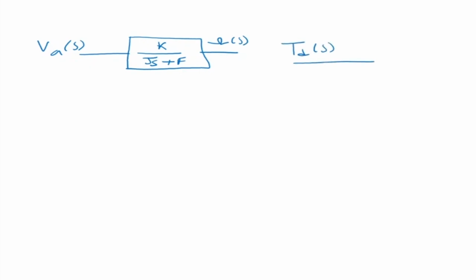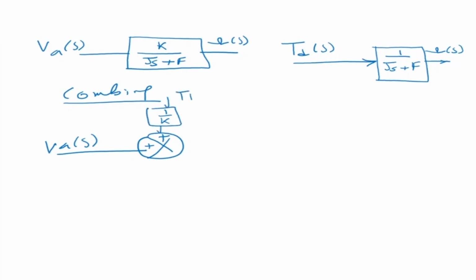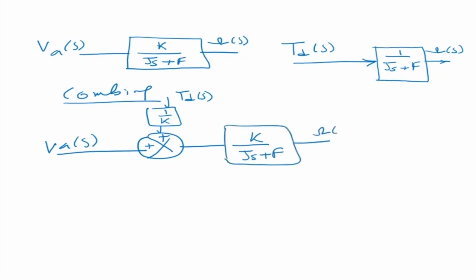The second input is TD(s), and in the block diagram it is going to come through 1 by (JS plus F), and the output is omega(s). Now combining both the diagrams, what we get is VA(s) going to a summing block, plus plus, with 1 by K here, and the other input here is TD(s), and we get K by (JS plus F) here. And this is omega(s).